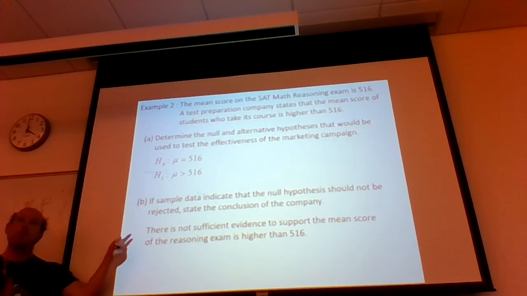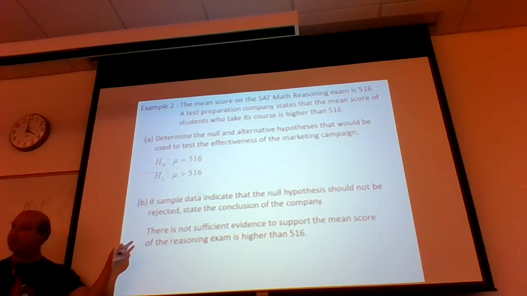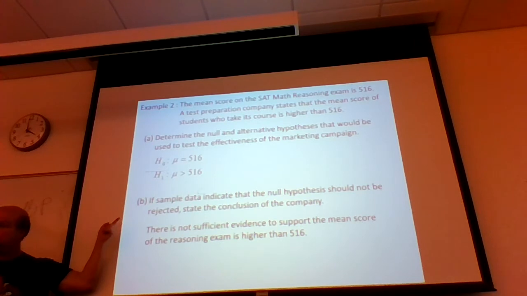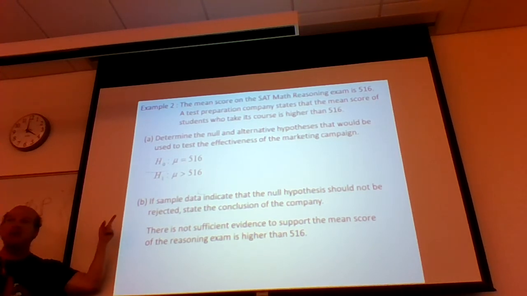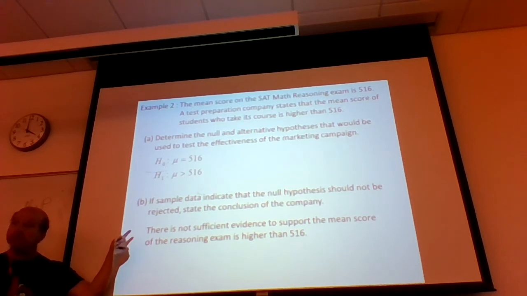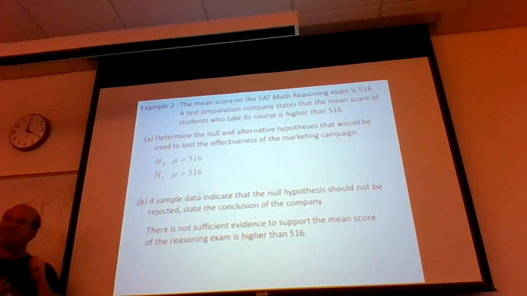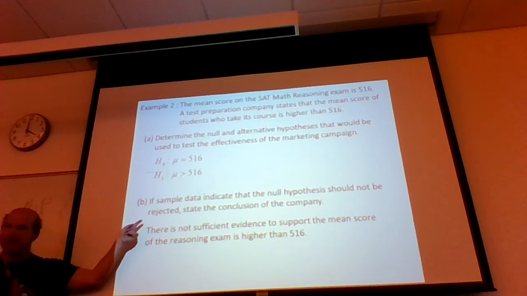Does everybody want to know the reason why you don't want to say accept? Because this is one experiment. You do another experiment, and it's possible you could reject the null hypothesis. Maybe you haven't picked the right experiment yet. So that's why we don't say accept. Basically, you're trying to reject claims.